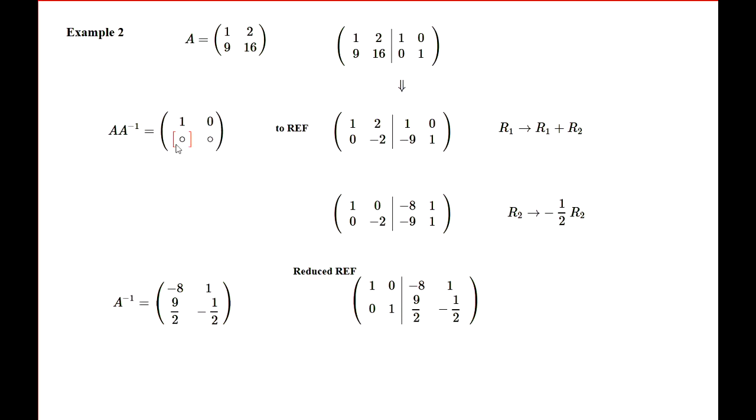This is a dot product of the second row in A and the first column in the proposed A inverse: 9, 16, 9 times -8 is -72, and 16 times 9 over 2 is again 72, so it's 0. And the final one is 9, 16, and 1, -a half. So 9 times 1 is 9, and 16 times -half is -8, so it's 1.